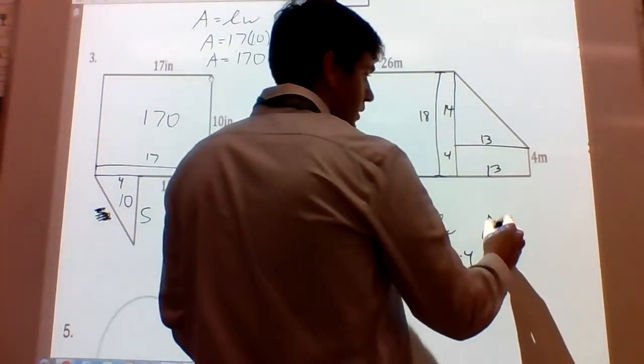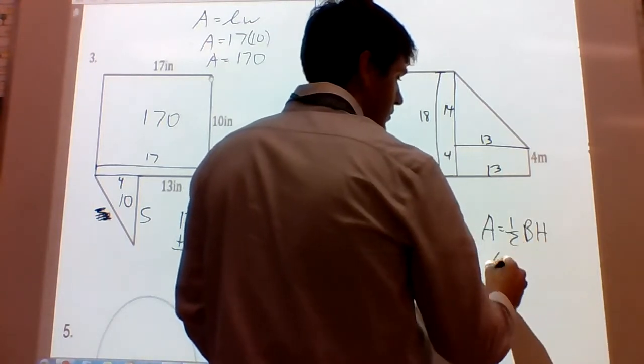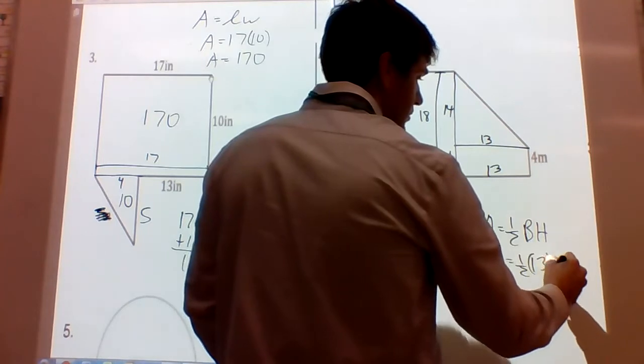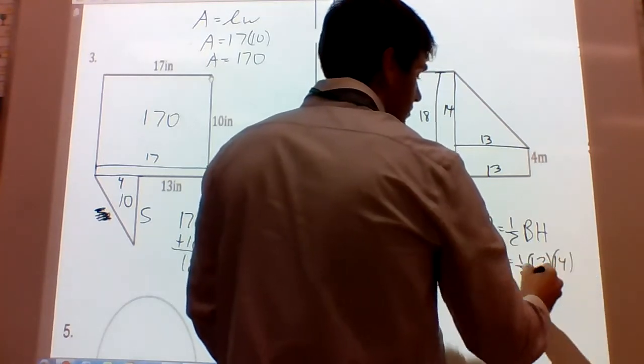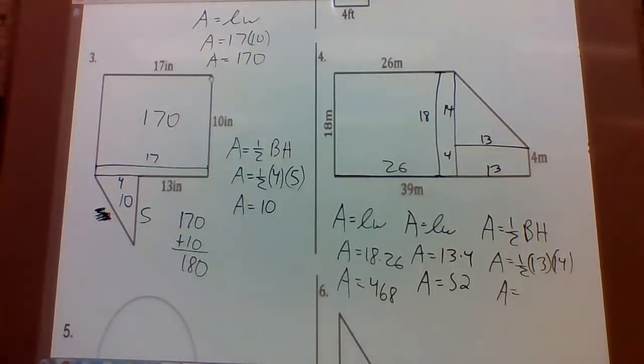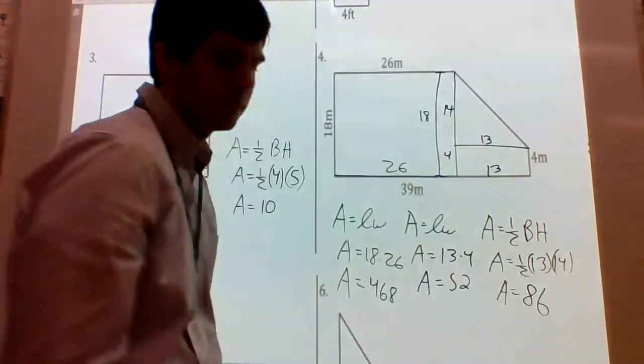So the area of a triangle is 1/2 the base times the height. So we have 1/2 times 13 times 14. Okay, 1/2 of 14 is 7. 7 times 13. So that's 26, 52, 78, 91, I believe.